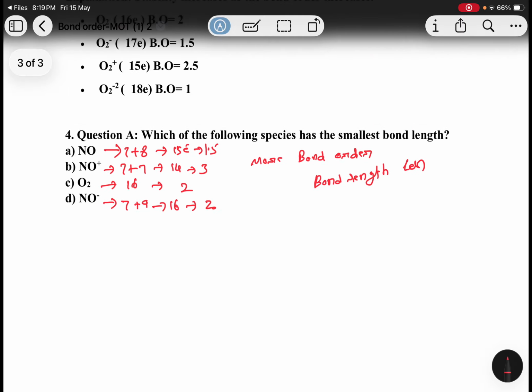Here we know 14 electrons, bond order is 3, and for 15 the bond order is 2.5. So more bond order is present in NO plus, so it is having the smallest bond length. So option B is the correct one.